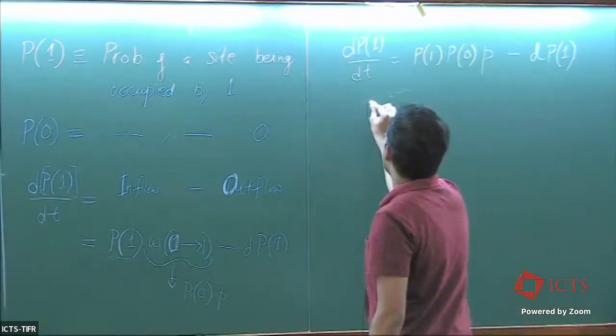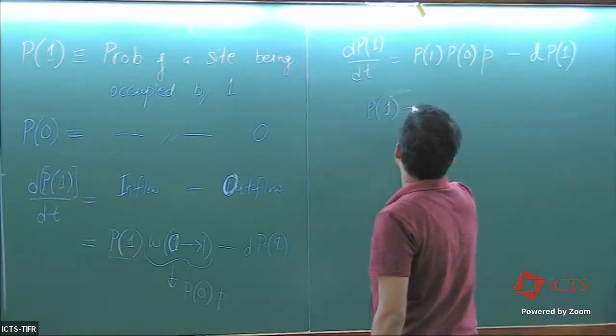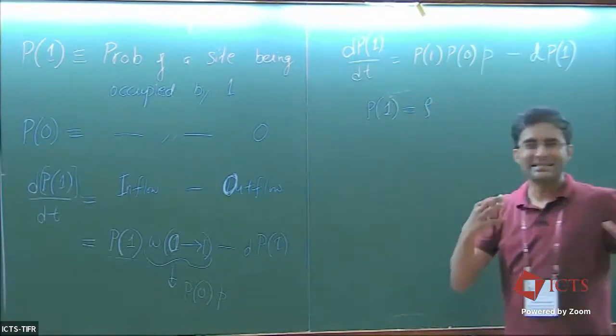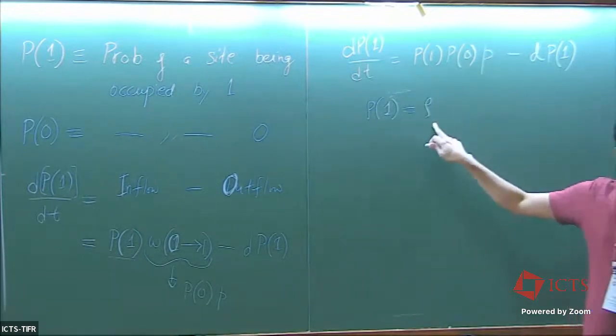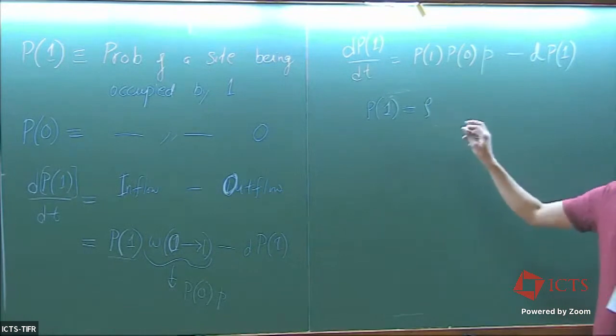Let's call P of 1 equal to rho. So density, basically what is 1? 1 is an occupied site. P of 1 means probability of being occupied. If I assume that the entire landscape has a density rho, P of 1 has to be rho.